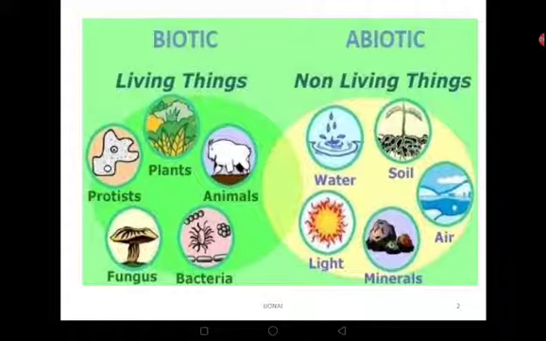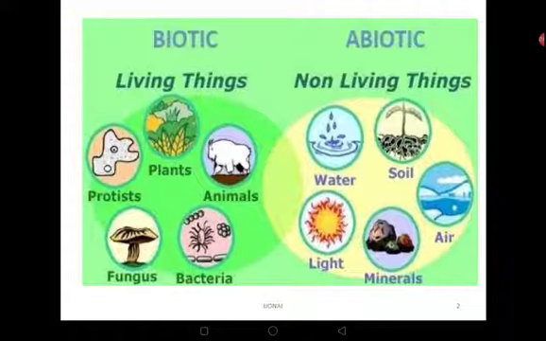So when you look at the living components of the ecosystem, we are looking at the 5 kingdoms of living things: the plants, the animals, the bacteria, the fungi, and the members of kingdom Protoctista. Those constitute the living things, or the biotic component of the ecosystem. And then when you look at the abiotic components, we are looking at the non-living things.